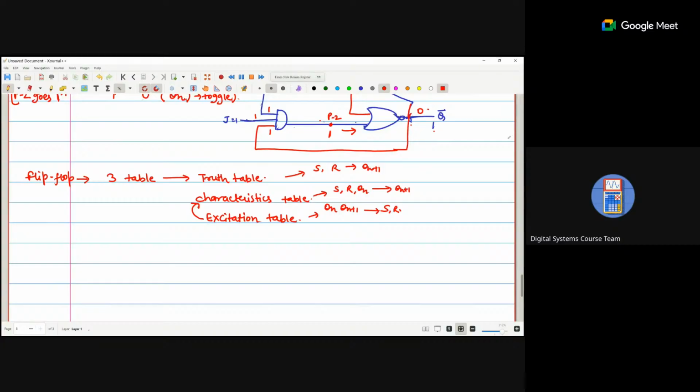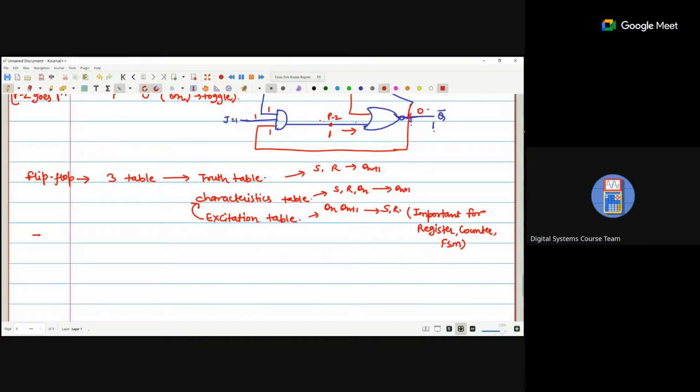That excitation table is important for registers, counters, and finite state machines that you will discuss in the upcoming weeks 11 and 12.